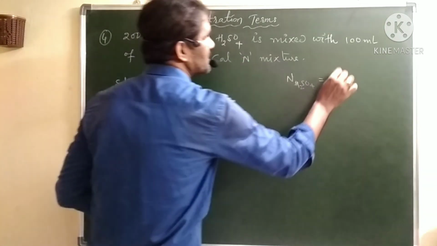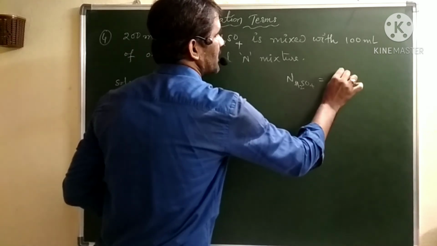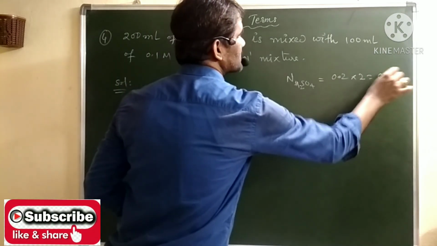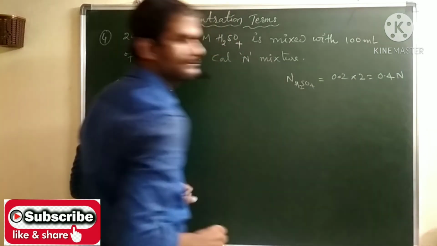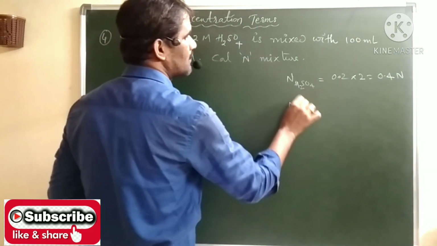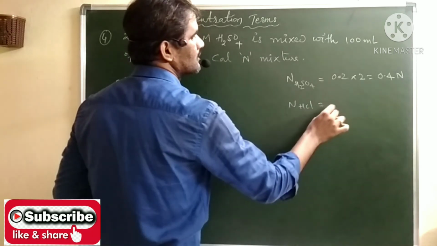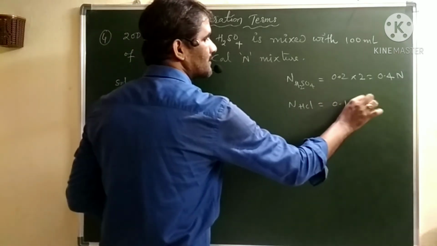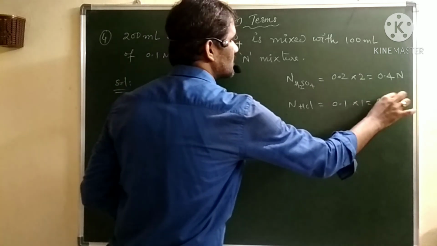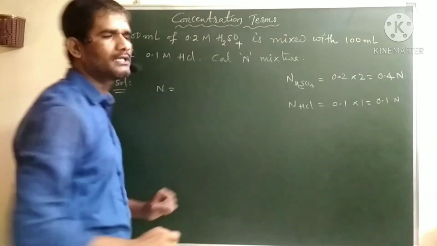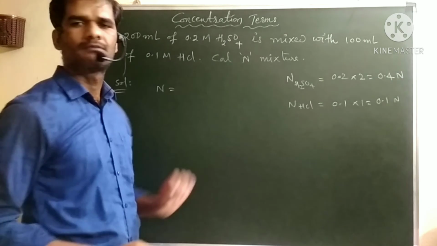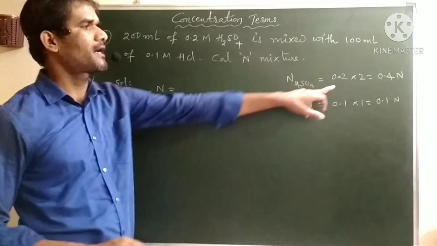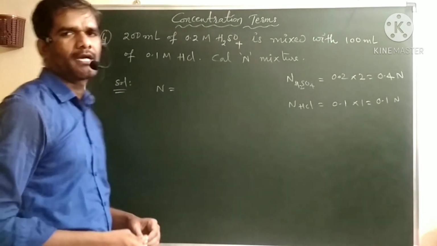The molarity is 0.2 and the N factor for H2SO4 is 2, so this is 0.4 normal. Similarly, for HCl the molarity is 0.1. The N factor for HCl is 1, so 0.1 normal. For HCl, normality is equal to molarity, but for H2SO4 the molarity is 0.2 and the normality is 0.4 normal.